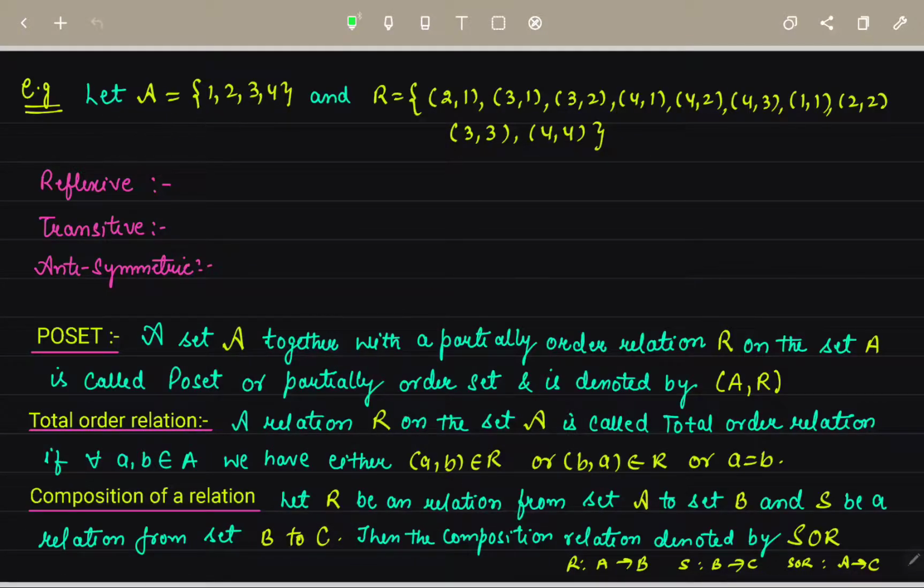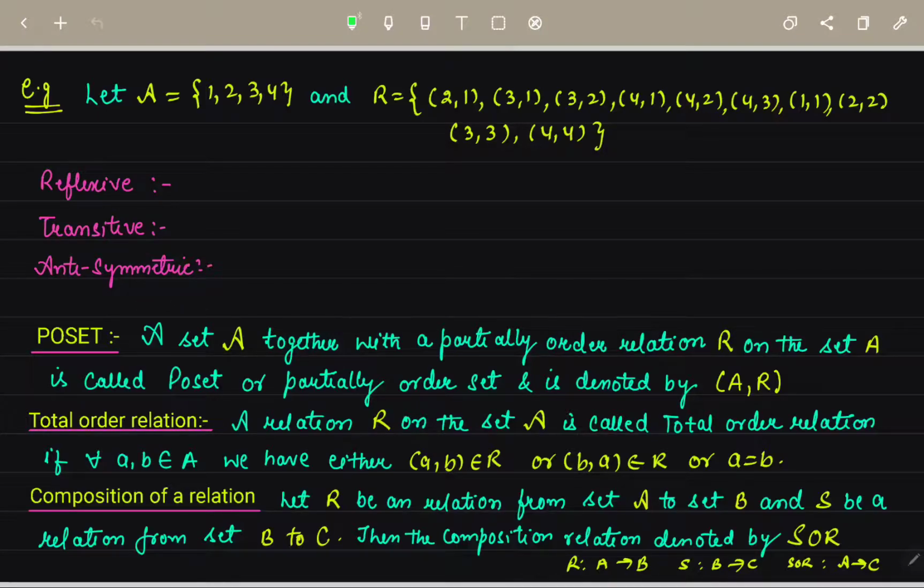So consider this example. Let A = {1, 2, 3, 4}. So this is the set A and this is the relation R which I have defined on this set. For this I have to show that this relation is basically a partial order relation, and for that I have to prove three properties. First one is reflexive, second is transitive, and third is anti-symmetric.